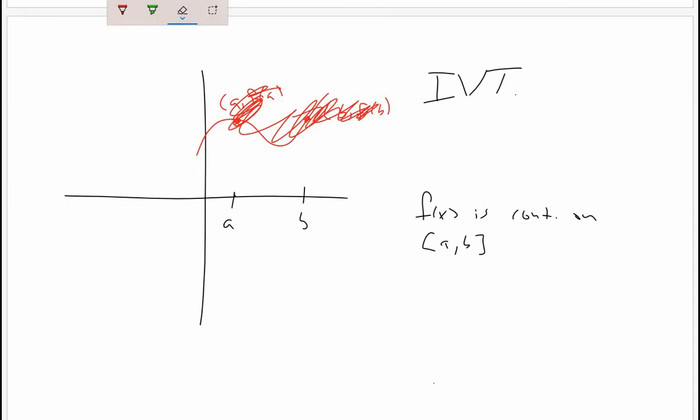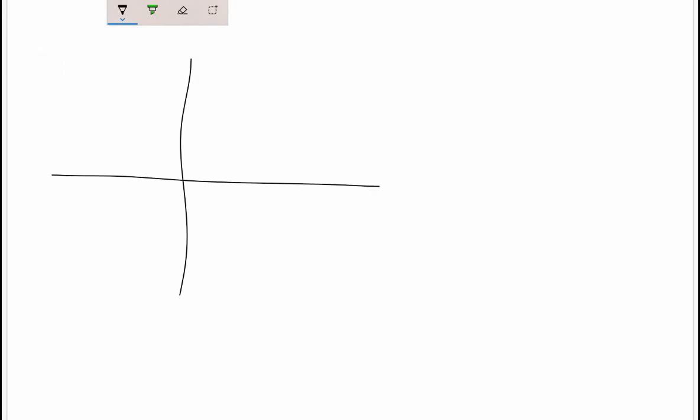And it's not going to erase. So you know what? Heck with it. So that's the point b, f of b, and down here is the point a, and then whatever its y-coordinate is.